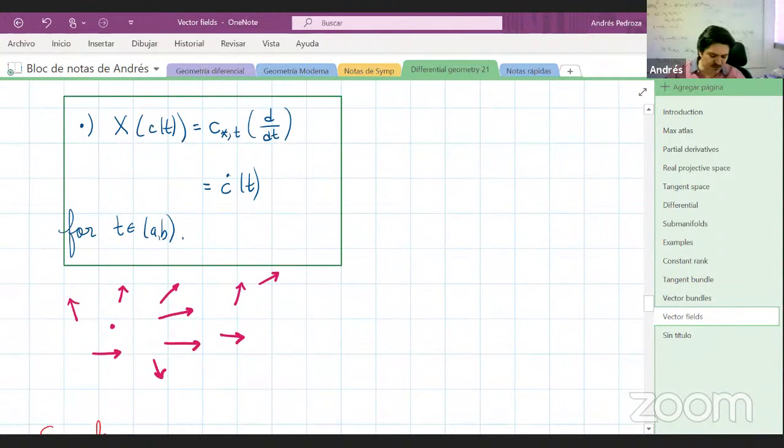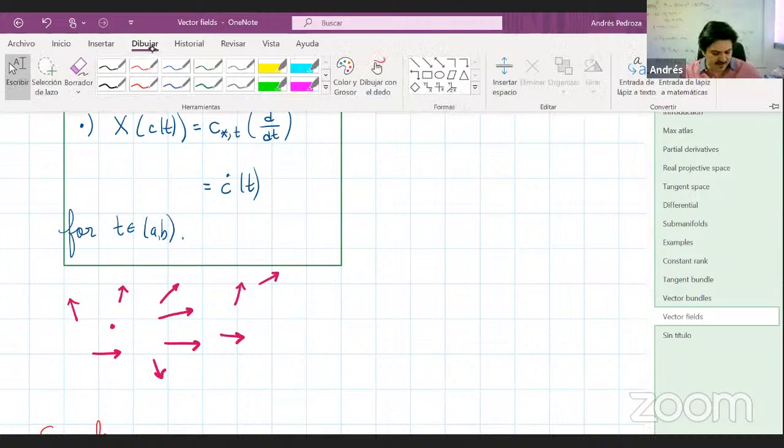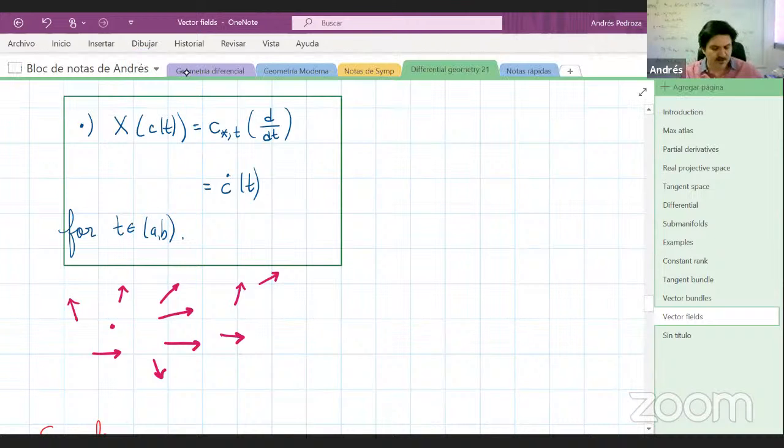So this is what we're doing. We have a vector field on our manifold, and we are trying to find a curve such that at every point it is tangent to the vector field.